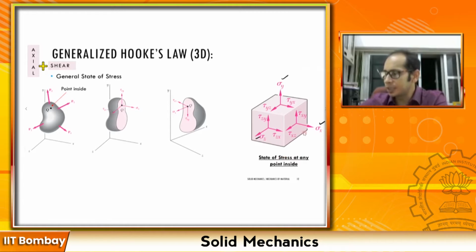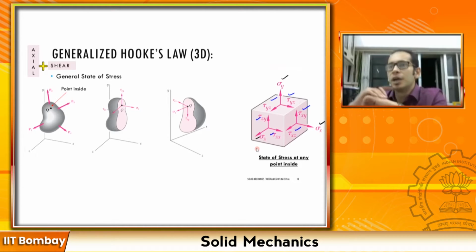Now remember, here there are equal and opposite sigma x and equal and opposite sigma y. It is just not shown in this particular figure, right? Now in addition to that, what we are going to look at is what this tau xy, tau xz, tau yz, tau zx, and the different taus are, which are acting in this particular member.